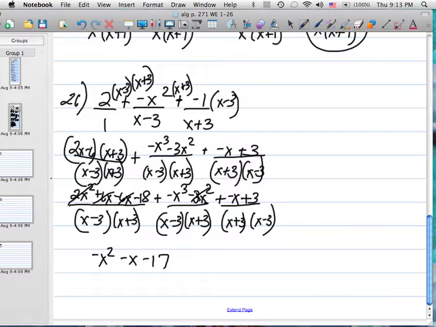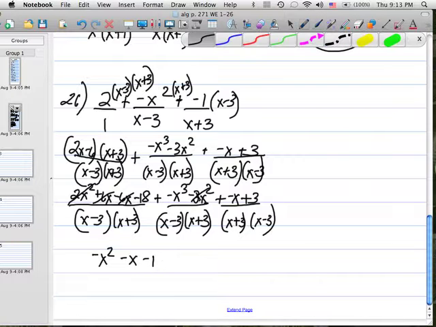Okay, I think I made a mistake somewhere here. We're going to have to go back and find it. This should be 15. Okay, multiplying this out, we got 2x minus 6. And timesing that, we get 2x squared plus 6x minus 6x minus 18.